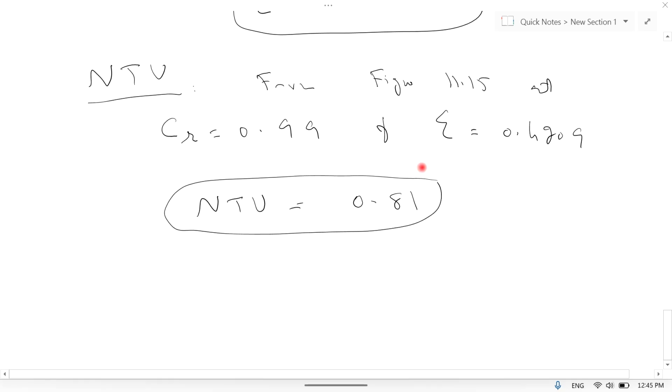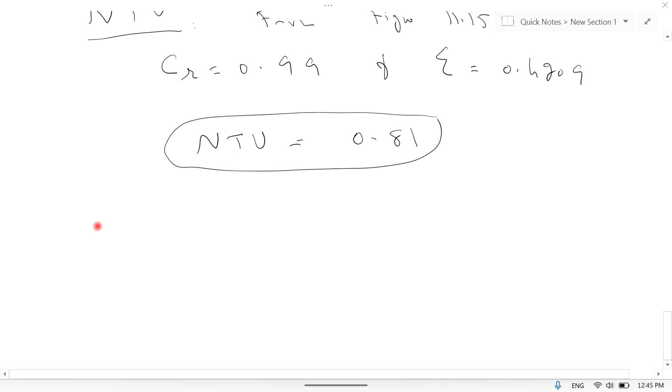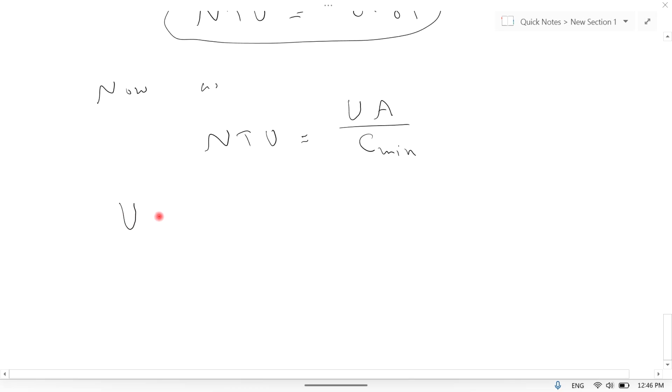So now we can easily find the value of overall heat transfer coefficient, because all values are known to us. NTU, number of transfer units, is equal to U multiplied by A divided by C minimum. So we have to find U. Rearrange this equation for U. U is equal to number of transfer units multiplied by C minimum divided by heat exchanger area.